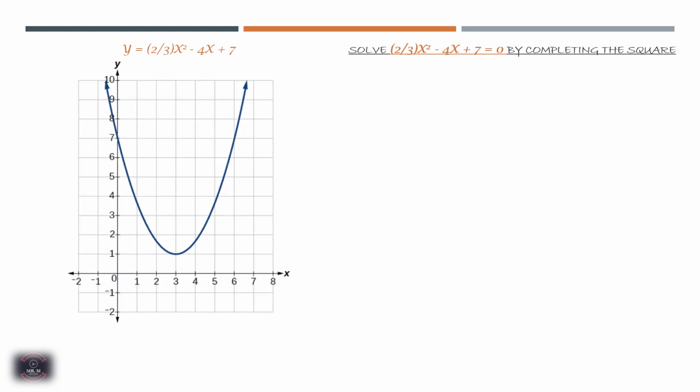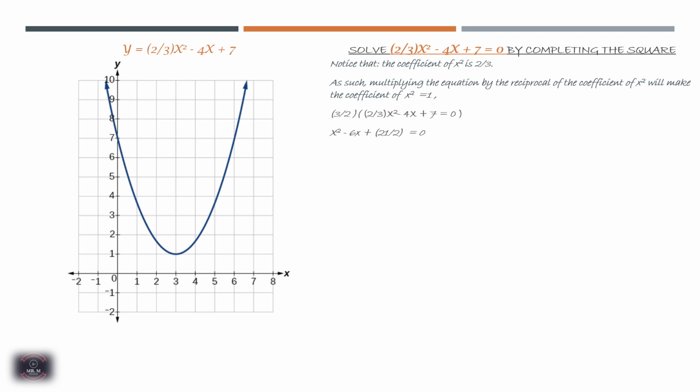This time, consider the equation 2/3 x squared minus 4x plus 7 equal to 0. Here also the coefficient of x squared is not equal to 1. As such, multiply the entire equation by the reciprocal of the coefficient of x squared.